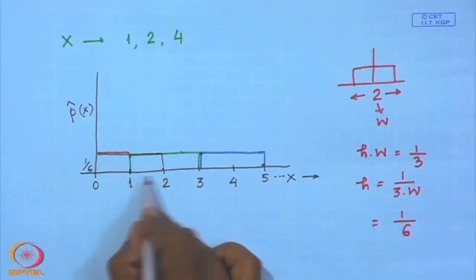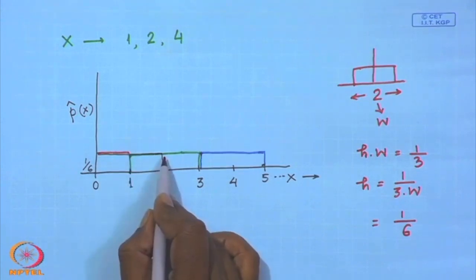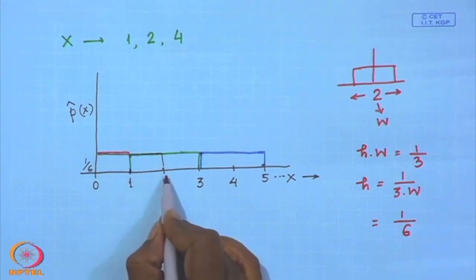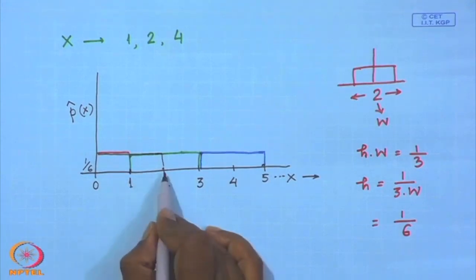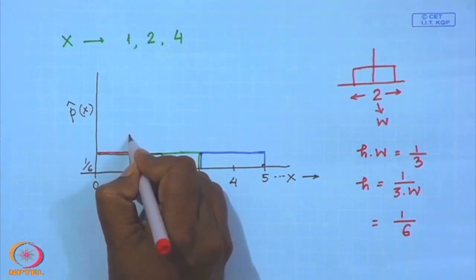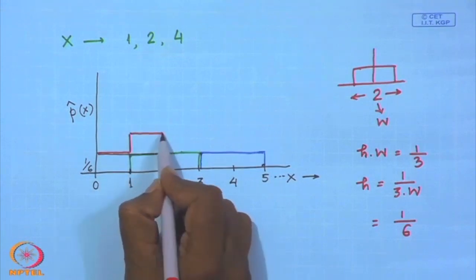Then from location 1 to 2 in this region, I have two windows which are superimposing. One window was placed at location 1 and the other window was placed at location 2. So, these two windows overlap. So, obviously, here the probability density will be the sum of the heights of the individual windows.